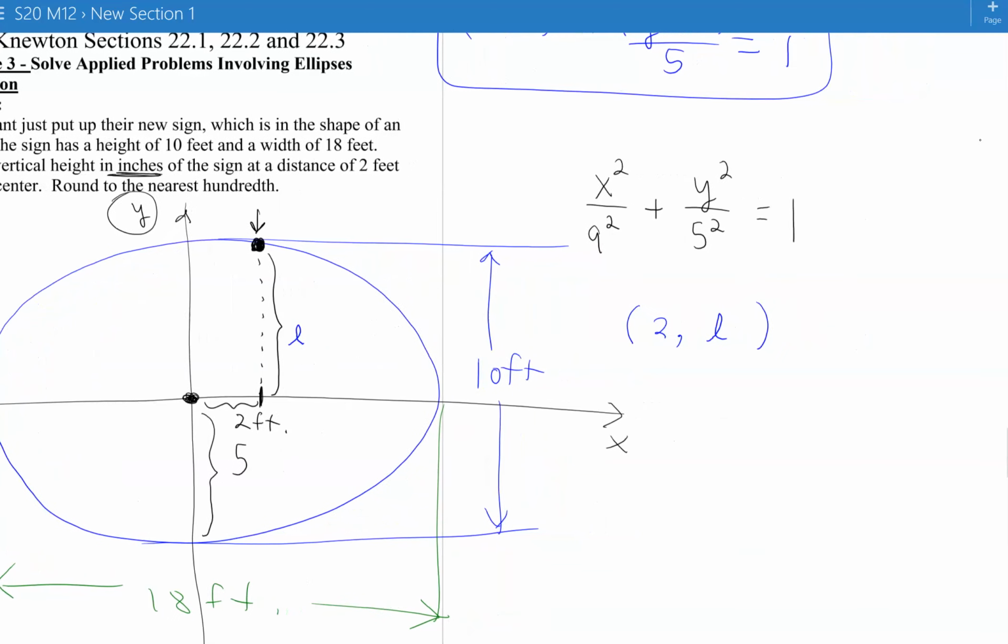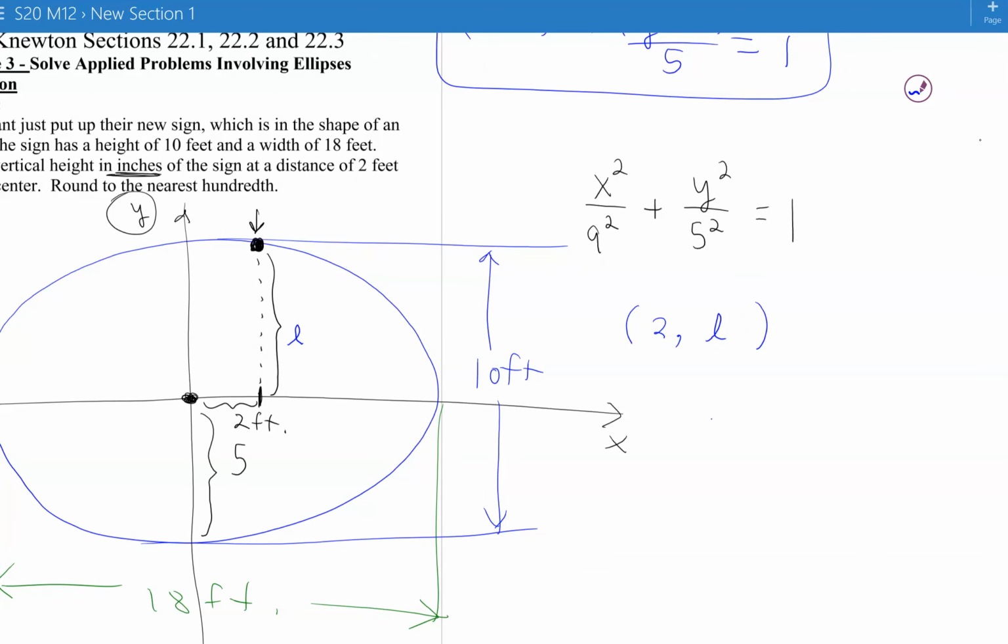Okay, so we know when x is 2, then we want to know what y is, so we're going to put our variable in there. And that's the only unknown, so we're going to be able to solve for it.